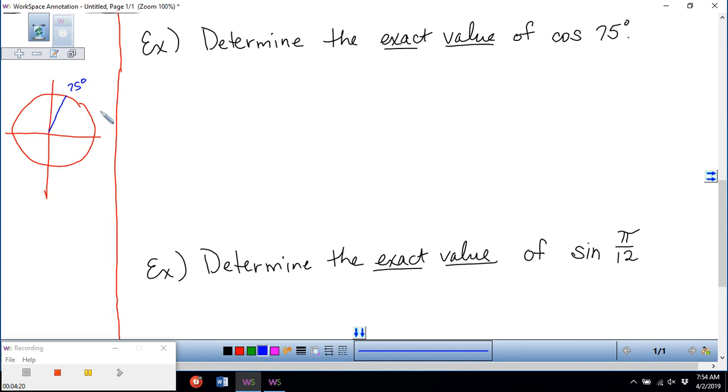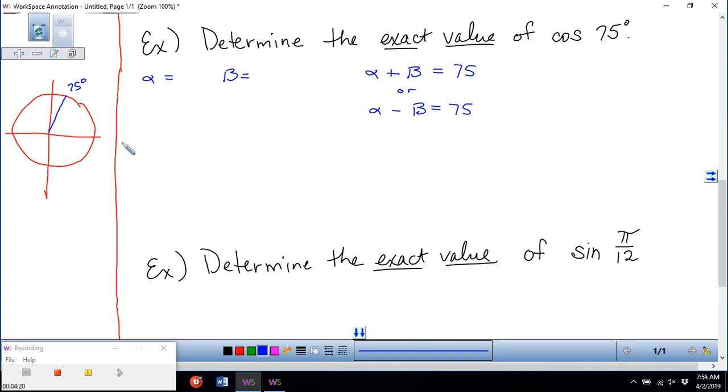What I want to do is find an alpha and a beta that will either add up to equal 75 degrees, or subtract to give me 75 degrees. So you have this option: alpha plus beta equals 75, or alpha minus beta is equal to 75.